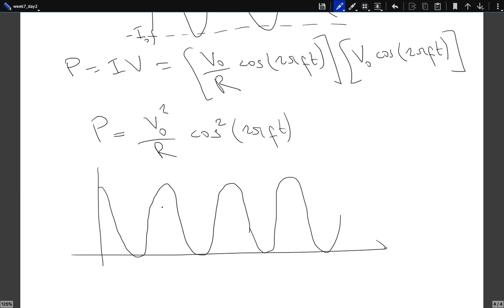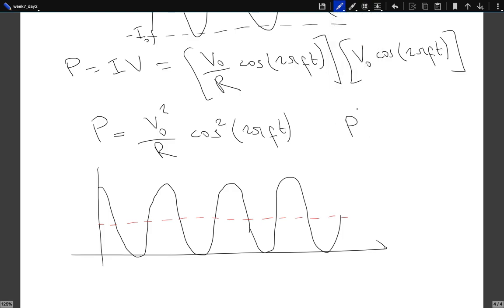This is the power. The power is always positive. You see, in this very simple circuit where we have this alternating current and a single resistor, the power will still be positive. We will see other circuits where the power will actually be negative. The supply isn't providing power, but it is extracting power from the system.